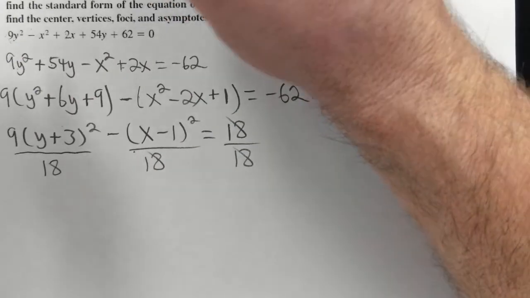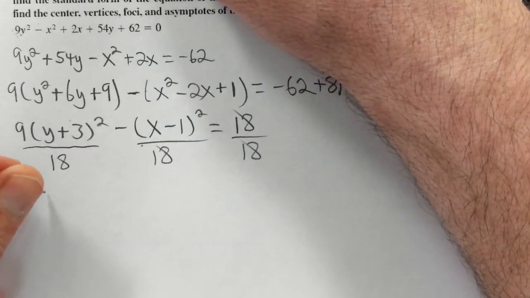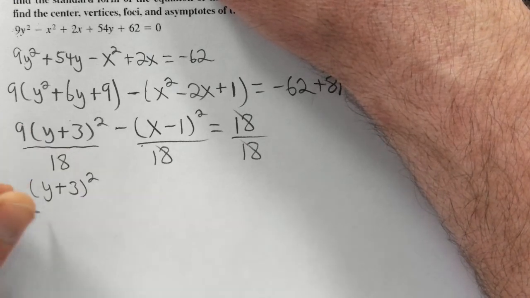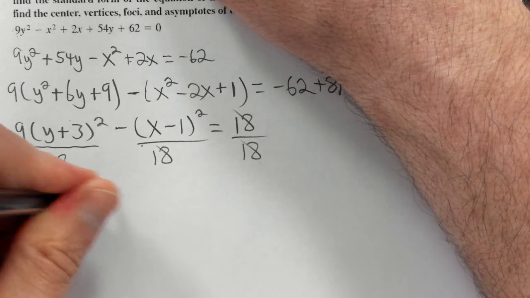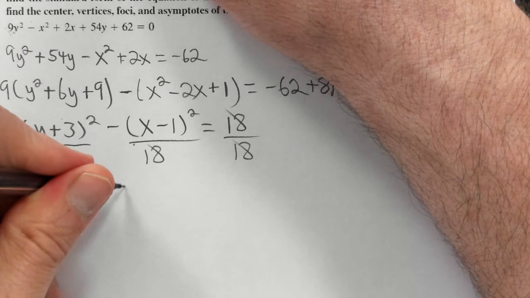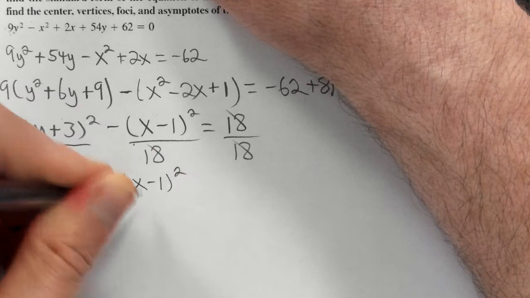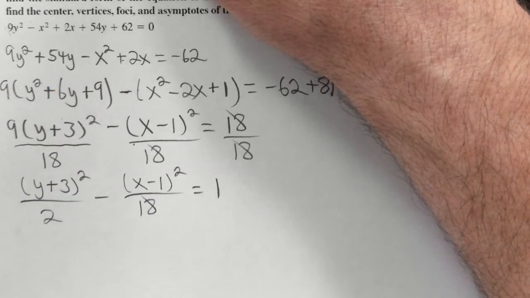And so once we do that, that will reduce down and become y plus 3 close squared over 2, minus, and from here there's nothing to really cancel out with, so we'll have x minus 1 close squared, still over 18, but on this side we have 1, which is what we need.